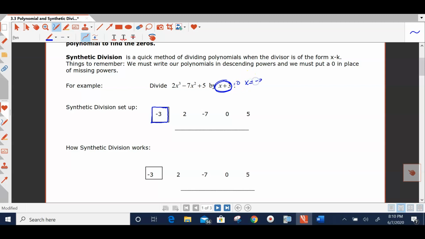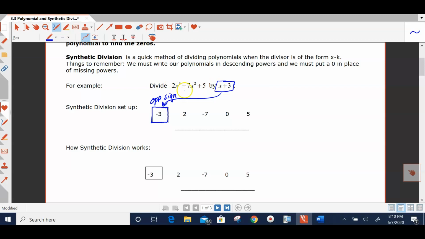If I look at the divisor, then I'm going to take the opposite sign on that divisor. So x plus 3 means in the box I'm going to have a -3.